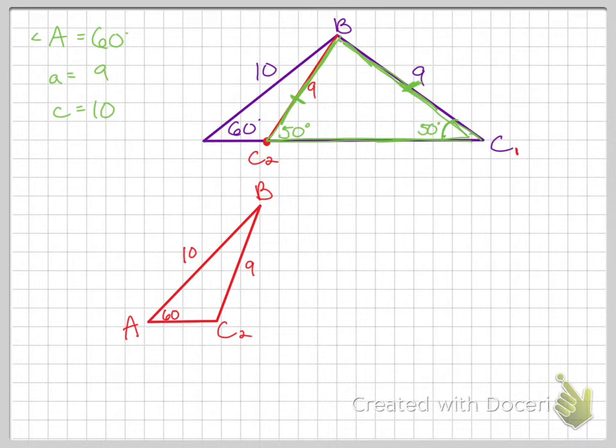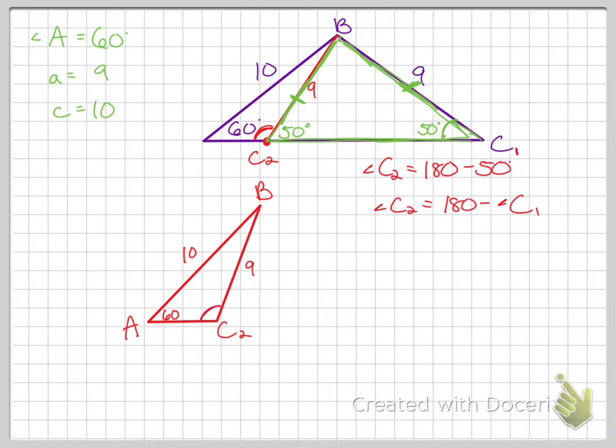So if I was trying to find the angle here inside the red triangle, angle C2 is going to equal, those make a straight line, right? They're supplementary. So 180 minus 50. Or angle C2 is going to equal 180 minus angle C1. So that will be how we always find the little corner.